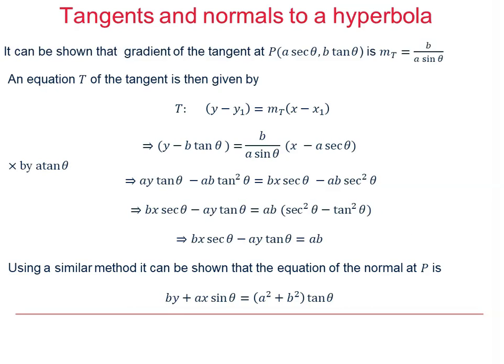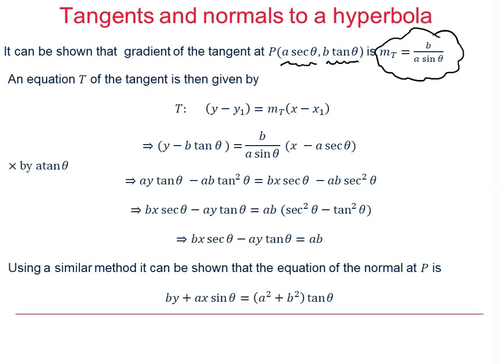Now you remember that there is in fact a second set of parameters for the hyperbola, which is x is a sec theta and y is b tan theta. So what I'd like you to do is pause this and first of all make sure that you can get this expression for the gradient of the tangent by differentiating.